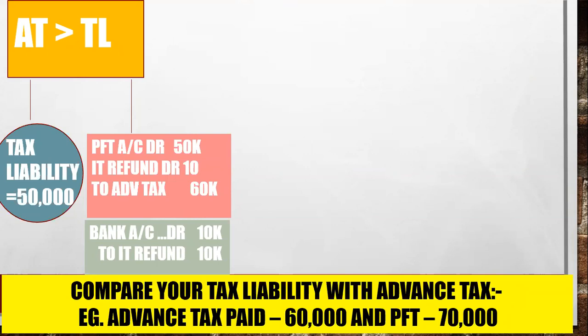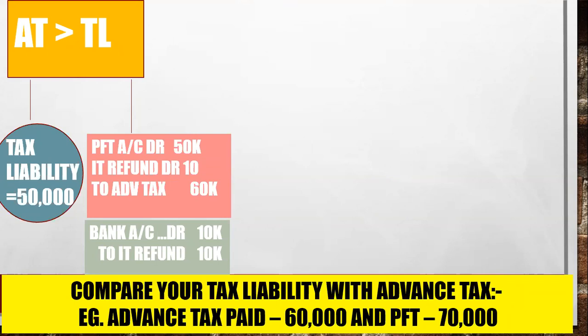So PFT account debit is 50,000 and I have paid advance tax of rupees 60,000. So what you will have to do is, income tax will refund you. The income tax department will give you the refund of rupees 10,000. Clear? So you have to pass the book entry for that: PFT account debit, income tax refund account debit, to advance tax. In the second entry, you assume that you have received the income tax refund.